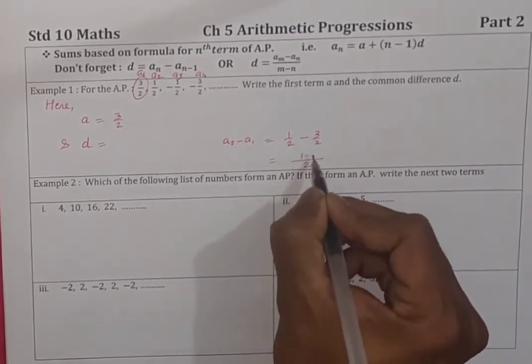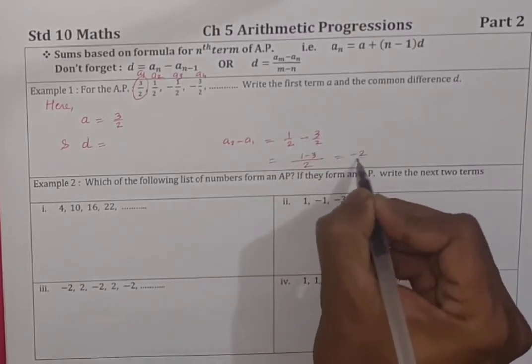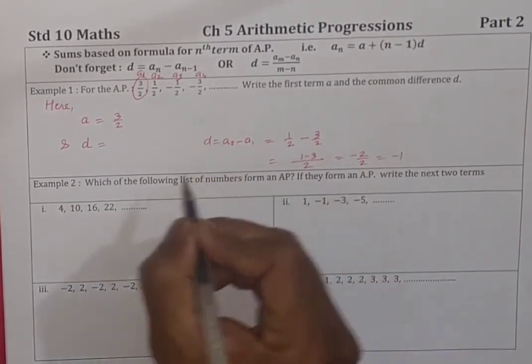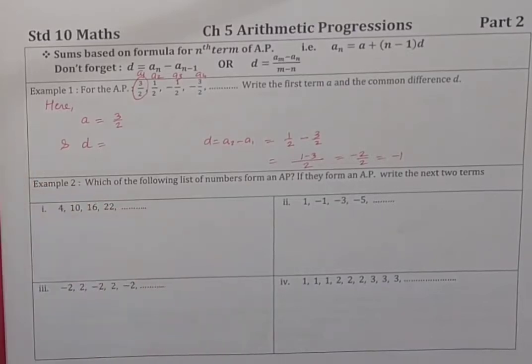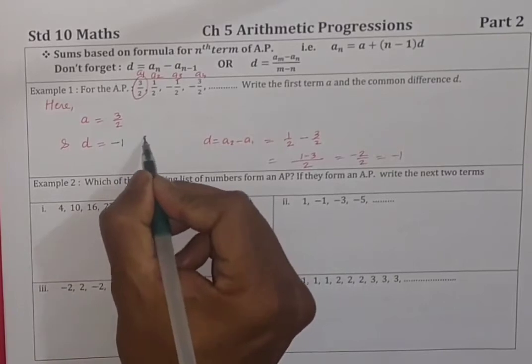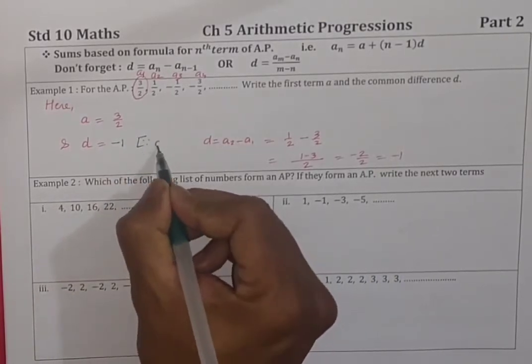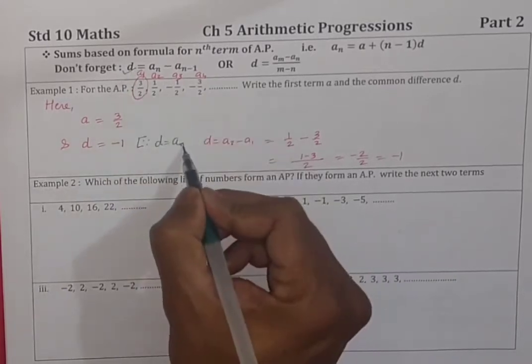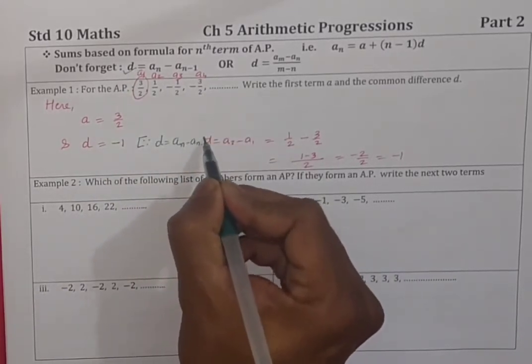Like denominator, 1 minus 3, that is minus 2 upon 2 and that is minus 1. That is common difference D. So I'll straight away write here, common difference D is equal to minus 1, because D is equal to the general formula an minus an minus 1.